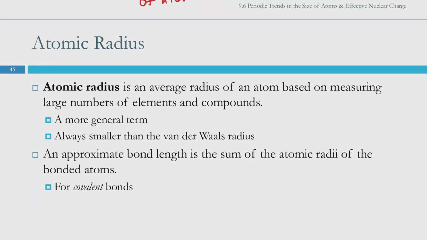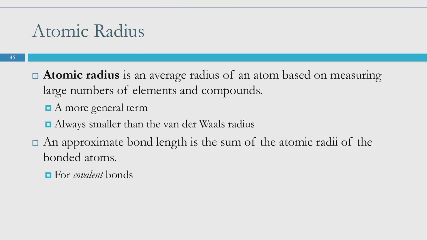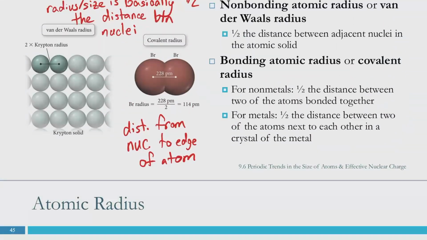The atomic radius is an average of the radius of an atom based on measuring a bunch of elements and compounds. This is always going to be smaller than the van der Waals radius because the van der Waals radius is the biggest size, the most separated that the atoms or the nuclei can be from each other.